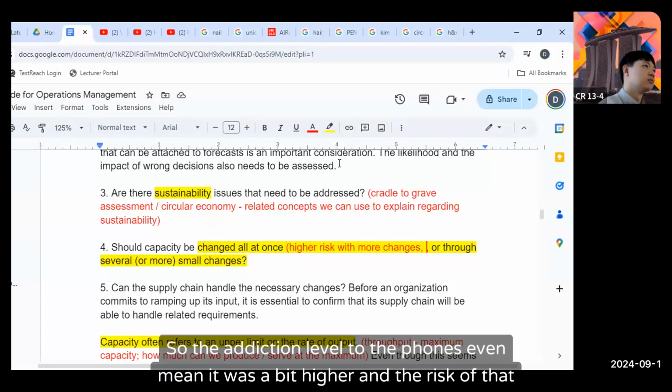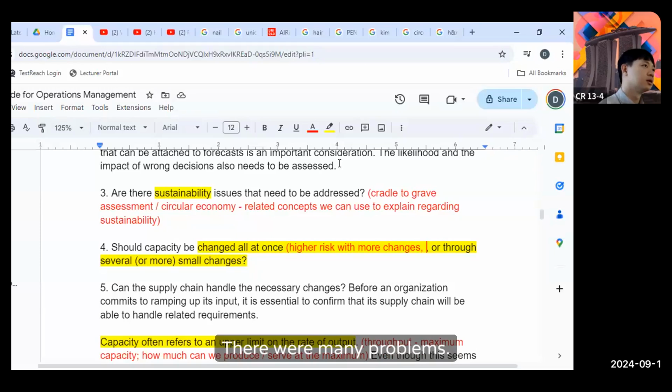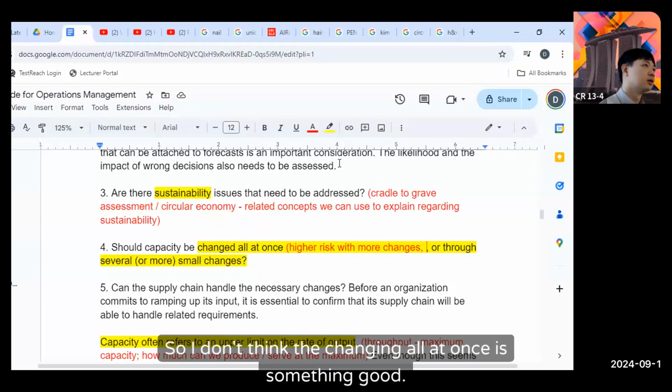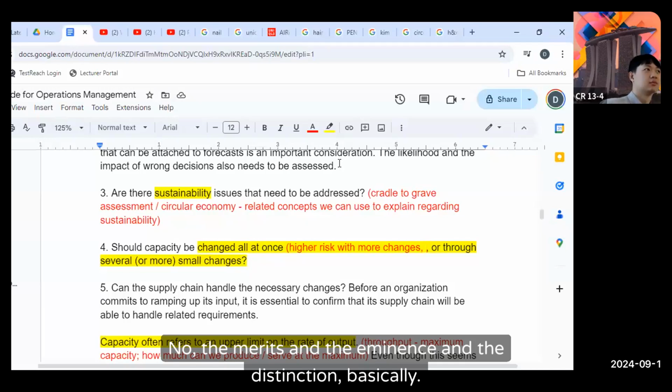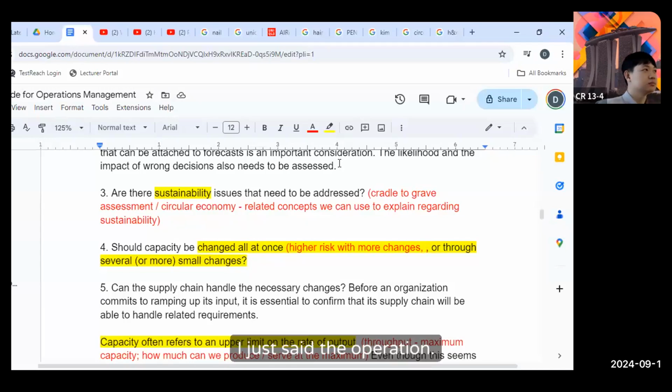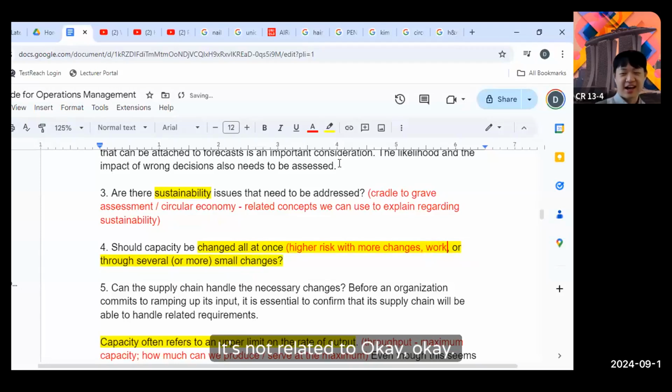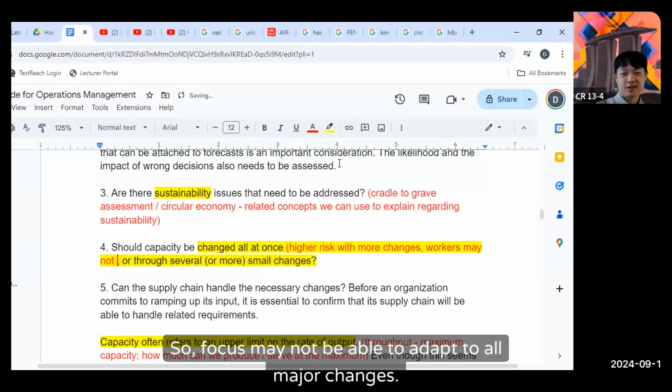The addiction level to phones, even for me, was a bit higher, and there was a risk in that change of mentality. There were many problems, so I don't think changing all at once is good. If we adapt slowly, we can know the merits and demerits and distinguish everything. From the operations perspective, workers may not be able to adapt to all major changes.